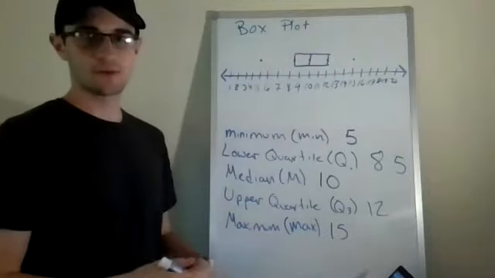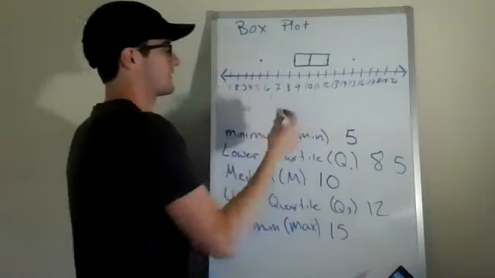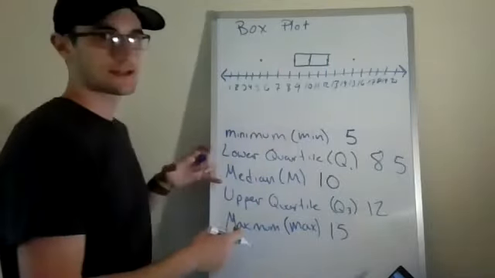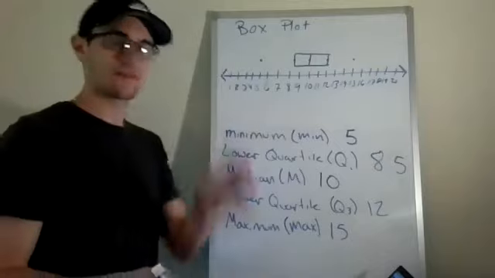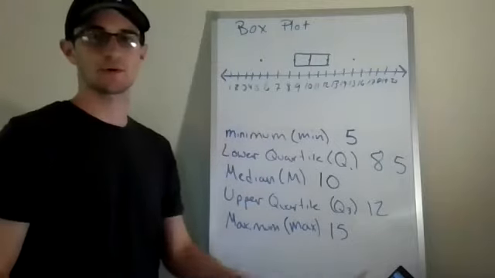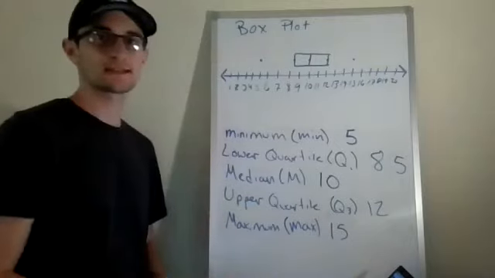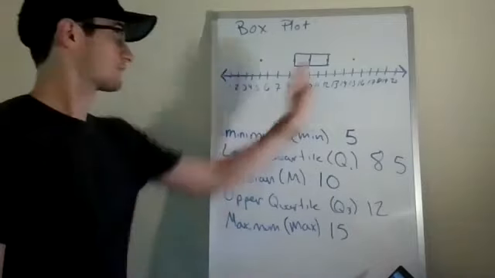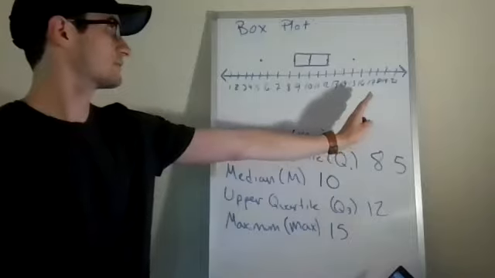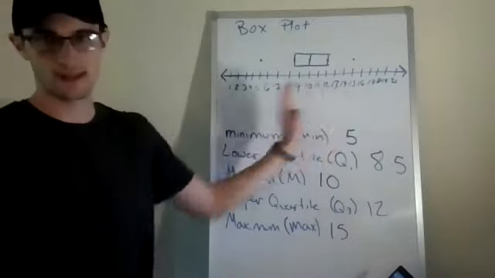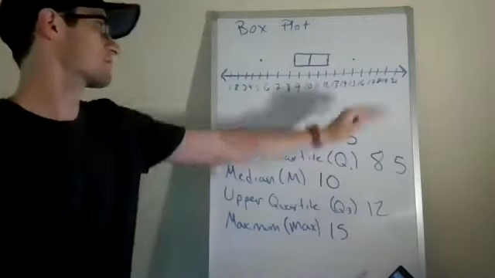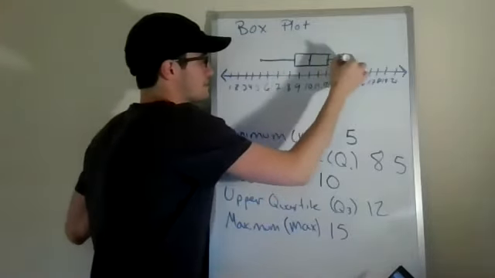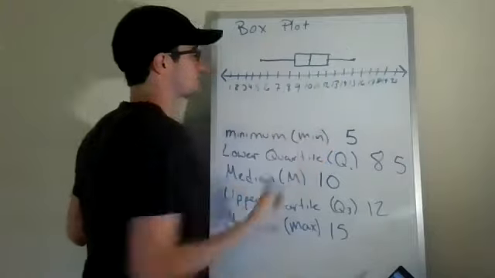The left end of the box lines up with my lower quartile. The middle line means that's the median. The right side of the box means that's my upper quartile. And I have to connect these endpoints, the minimum and the maximum, to my box.